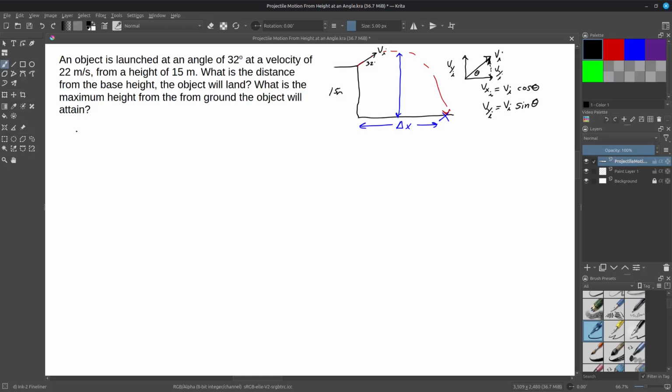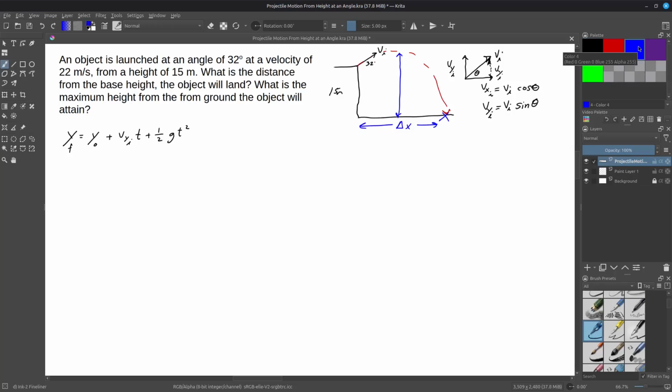With that knowledge, you can start using your kinematic equations. Now, let's start with y. Vy final equals Vy initial plus Vy initial t plus 1/2 gt squared. In the y direction, we have acceleration, and it's due to gravity.